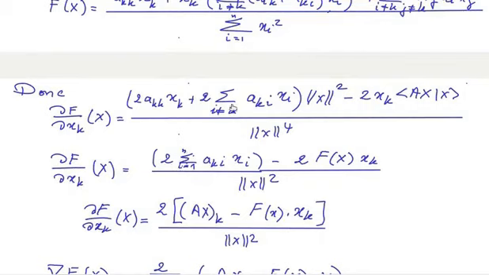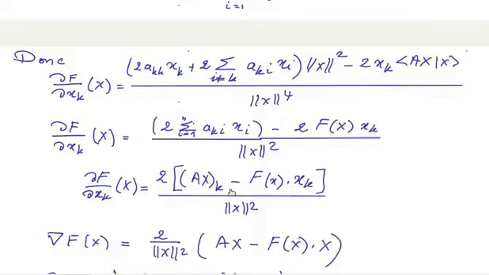We have grouped these two terms. Of course, we divide at the top and bottom by the norm of x squared. So only this term remains: minus. When we divide x scalar Ax by the norm of x squared, it becomes f of x, so minus 2 f of x, xk, over the norm of x squared only, since we have already divided by the norm of x squared.